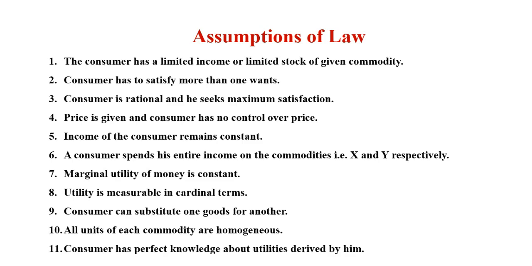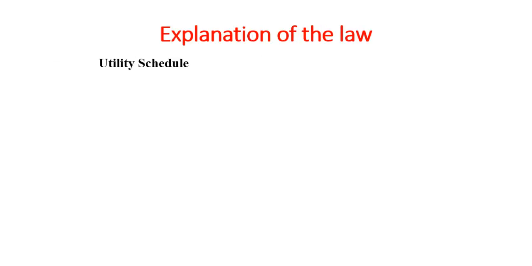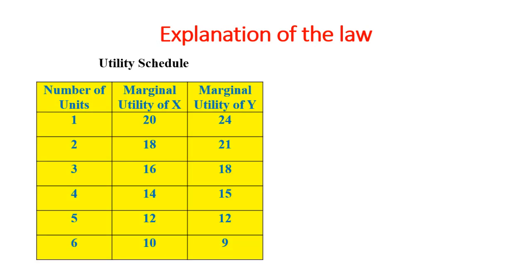The law can be explained by an imaginary example in which we have taken two commodities, X and Y. The price of X commodity is 2 rupees and the price of Y commodity is 3 rupees.